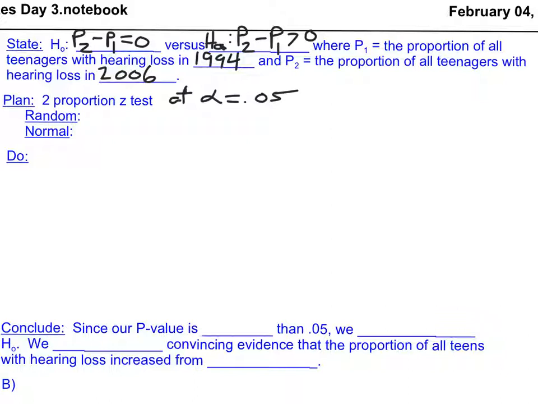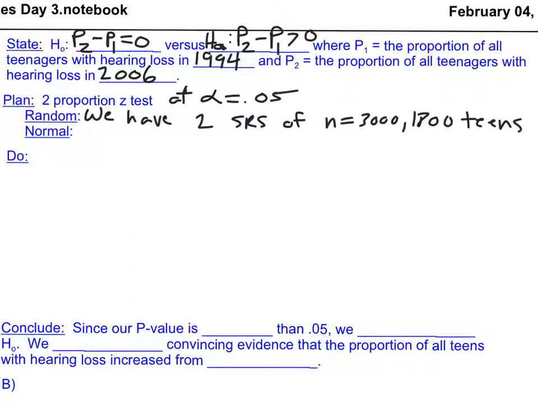This will be a 2 proportion z-test. So our random condition, we have 2 simple random samples of 3,000 and 1,800 teenagers.